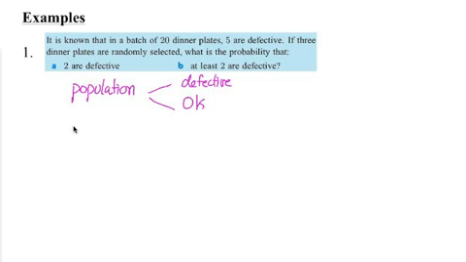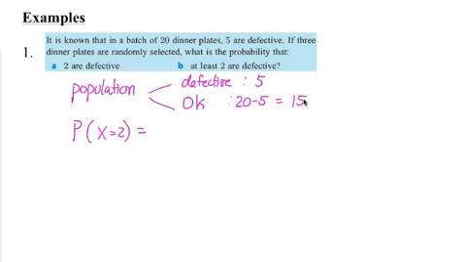If we want to find the probability that 2 of these plates will be defective, we need to look at the subsets of the population in total. I know that there are 5 defective plates. There must be 20 minus 5 okay plates, or 15 okay plates.